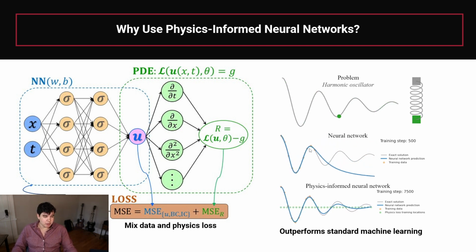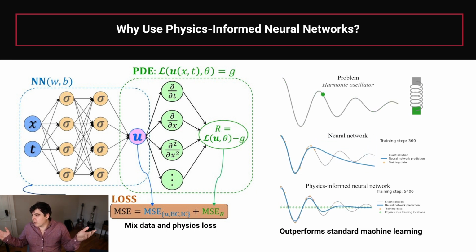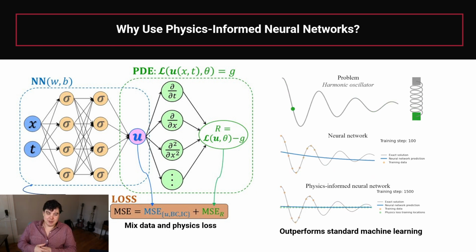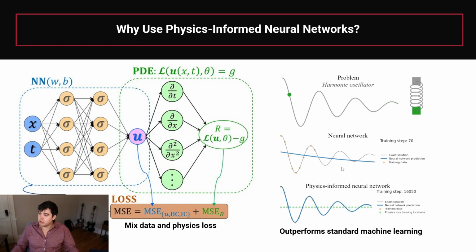So it trains and it learns, okay, this is how things are moving, and then you ask it what's going on in the future, and it goes, you gave me no data about the future. I'm just going to do something fairly random, right? It's hard to know even what the neural network will do. It just picks a behavior because there's no data that would constrain its behavior. Doesn't mean the neural network hasn't learned anything, right? It has learned good predictions between your data points, but it has not learned what to do outside of your data set.